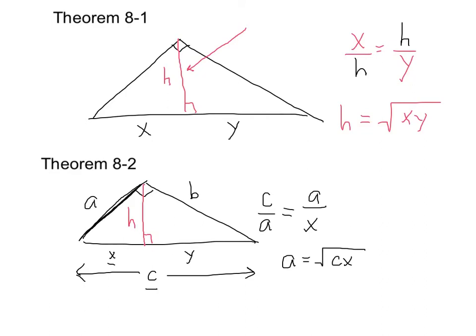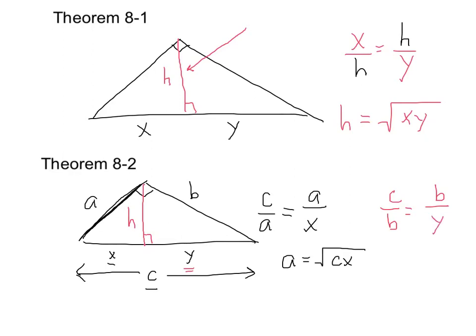Let's see if we can come up with that other relationship, because remember, I said there was a relationship between A and x and C, and also a relationship between B and y and C. So let's see if we can write that relationship. Remember we said the length of the leg, in this case it's B now, we've moved to the other leg of the triangle, is the geometric mean between the entire hypotenuse and the little part of the hypotenuse.